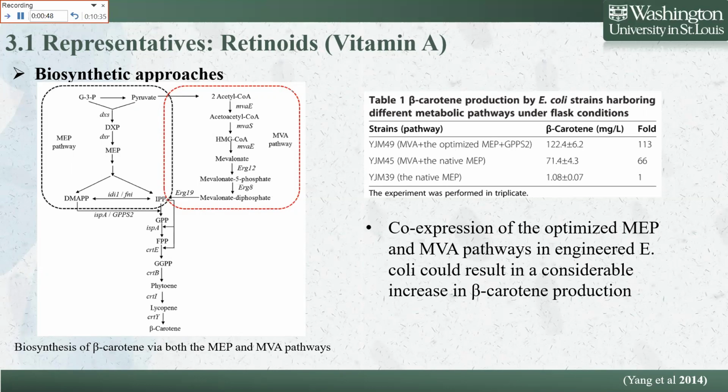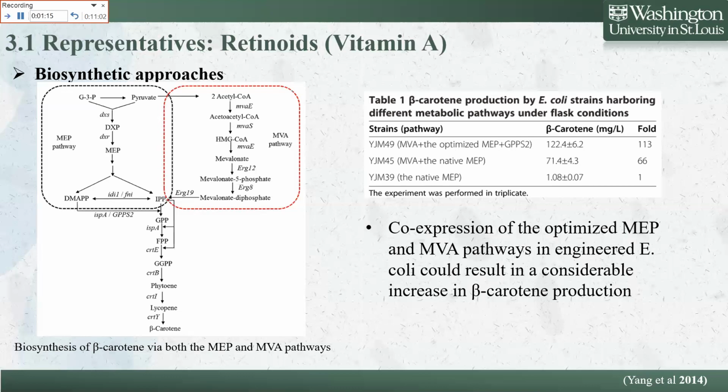And from this table, we can see it has 113-fold higher production than the native MEP pathway. So the result shows that co-expression of the optimized MEP and MVA pathways in engineered E. coli could result in a considerable increase in beta-carotene production.